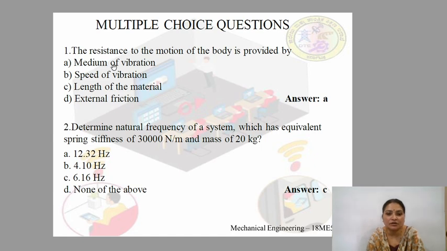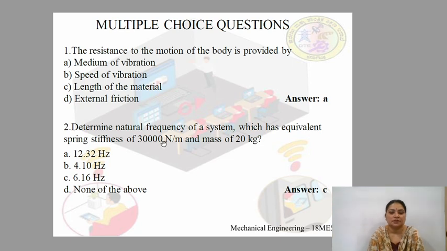The options given are medium of vibration, speed of vibration, length of the material, and external friction. The resistance to the motion of the body is because of the medium of vibration, in which medium the body is going to vibrate. So, the correct answer is option A, that is medium of vibration.